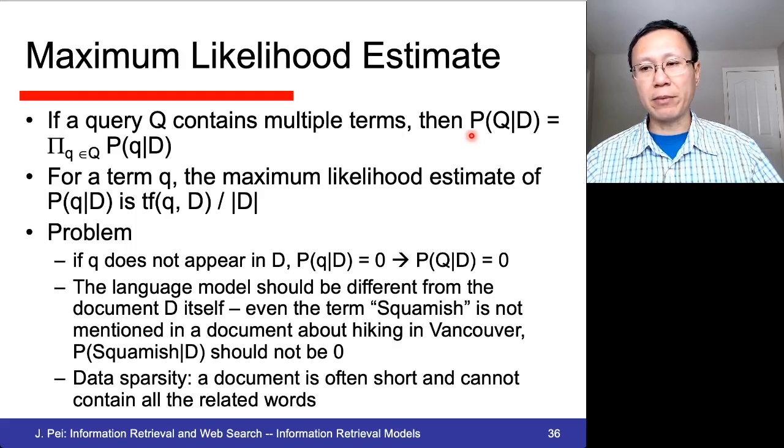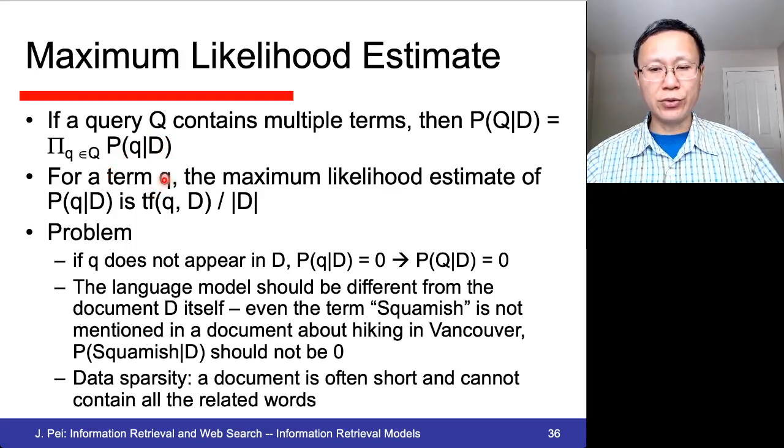Then the probability of a query Q conditional on a document D can be calculated in the way like this. Here we assume all the terms in a query are independent. Therefore, it is the product of the probability of each q_i belonging to this query conditional on the document model.